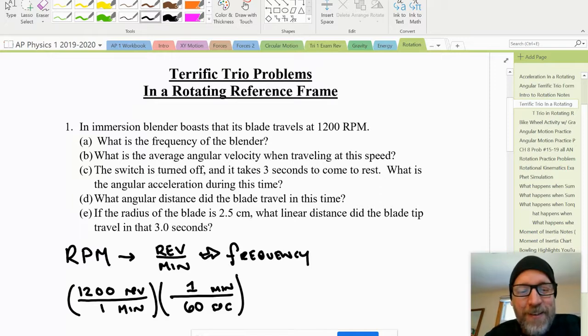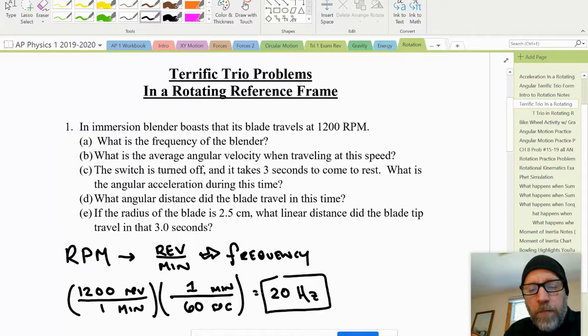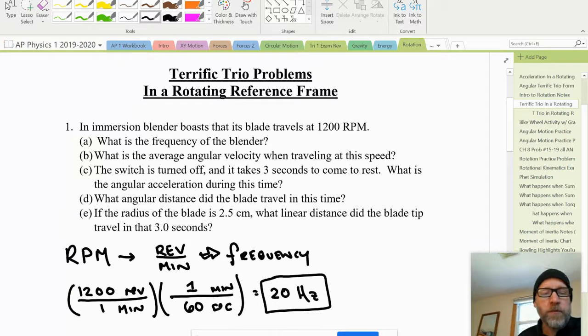That's right, 1, because they're the same thing. Dimensional analysis. So 1,200 divided by 60 gives me 20 revolutions per second, which we call hertz. So A says, what is the frequency?